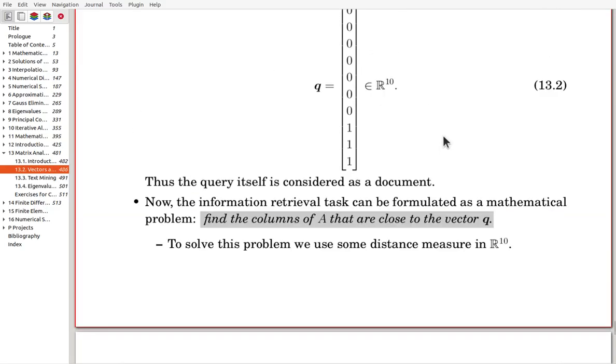That means that the documents will have the terms, so that is the idea of text mining. To solve this problem, we use some distance measure because we consider closeness, so we have to have a distance measure.